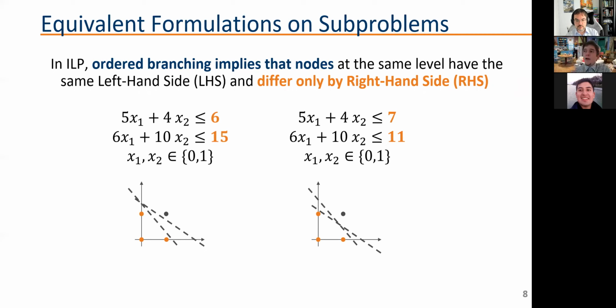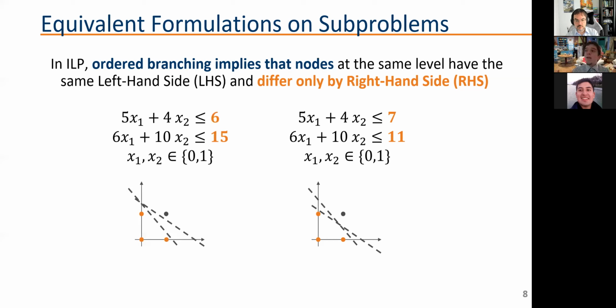As you can see right now on the screen, and this is something that would happen if you always branch on the variables in the same order in an integer programming formulation, which is linear, we have the same left-hand sides. We have 5x1 plus 4x2, and then 6x1 plus 10x2. But the right-hand sides are different. In one case, we have 6 and 15. In the other, we have 7 and 11. But in both cases, we have 3 feasible solutions that are the same and 1 infeasible solution, which is the same.